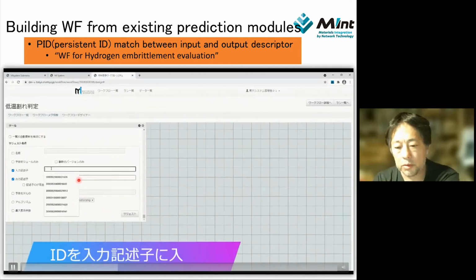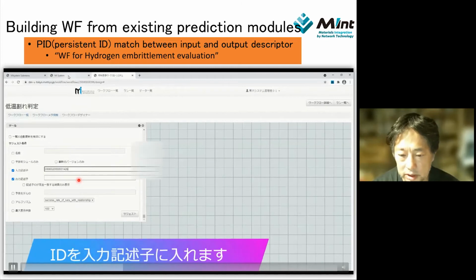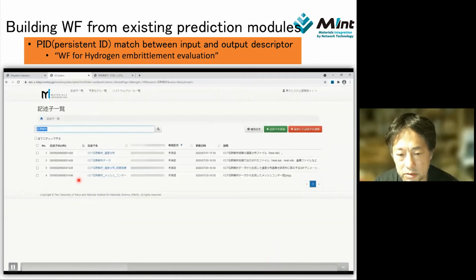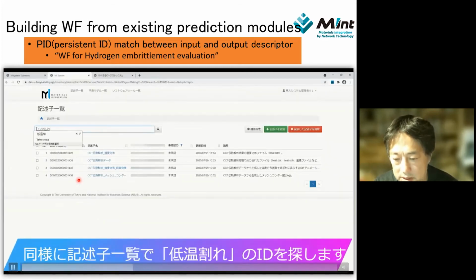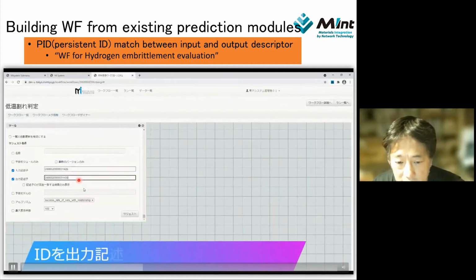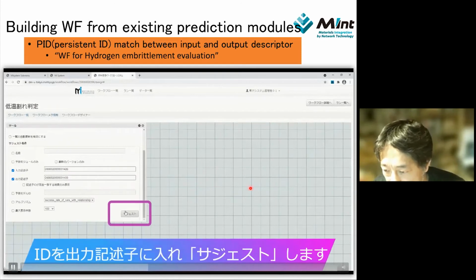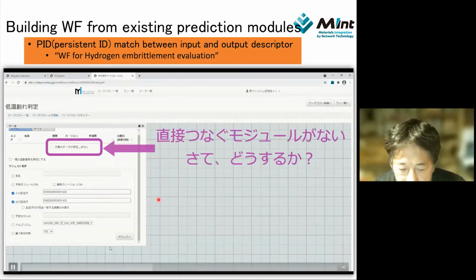But if the models are stored in the system separately, our system can suggest the workflow as a candidate workflow.